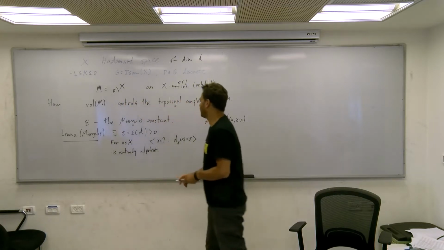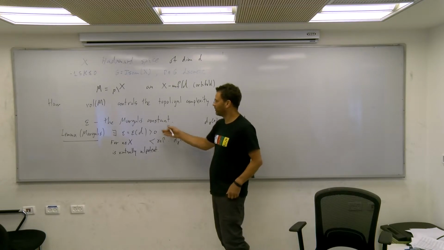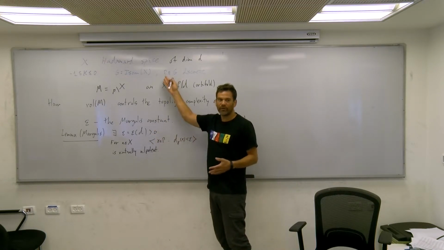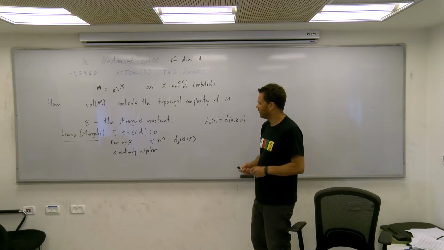So it has a nilpotent subgroup of finite index, and in fact you can also bound the index. There is the M, which also depends on the dimension, which bounds the index. I don't think we'll need it today.